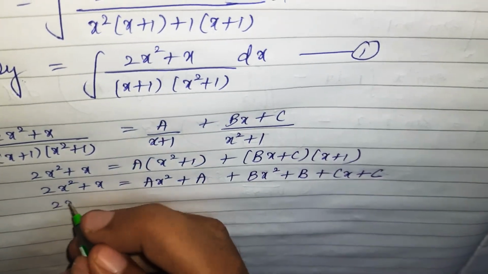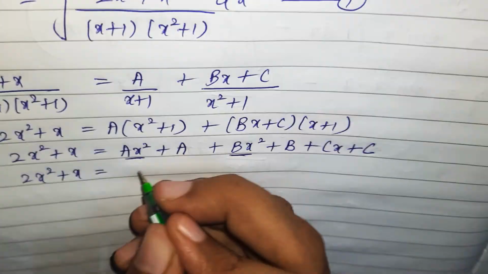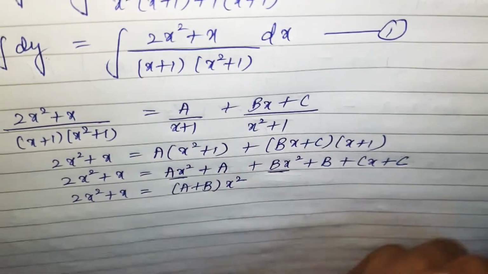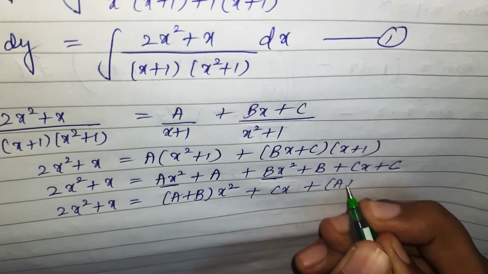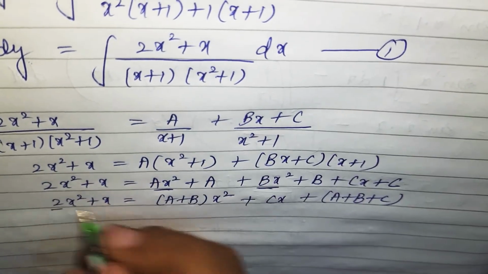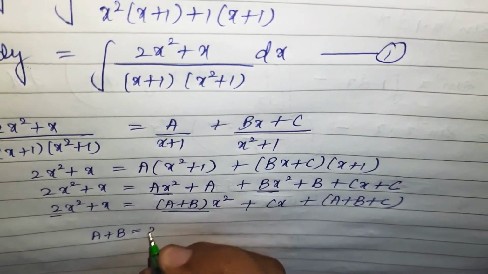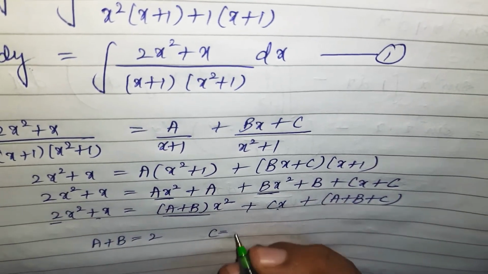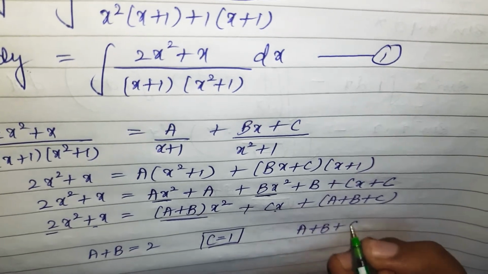Comparing the coefficient of x square, a plus b is 2.